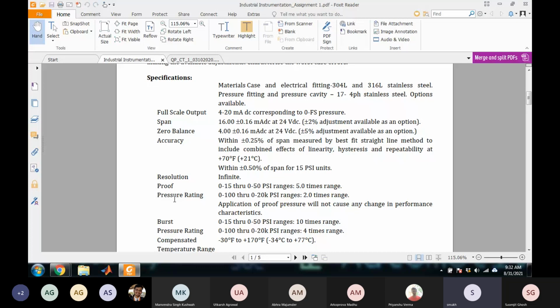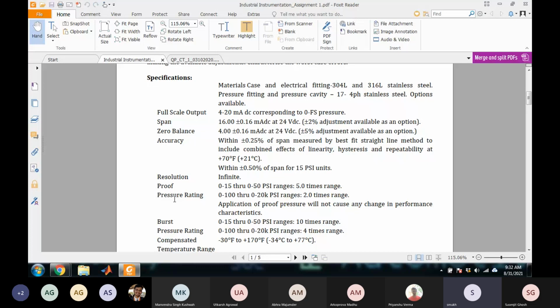But still, there may be some accuracy problem due to other factors, non-linearity of the strain gauge, non-linearity of the pressure diaphragm, whatever. So then the accuracy is given. In this case your straight line goes between 4 and 20 exactly, because you have adjusted it.